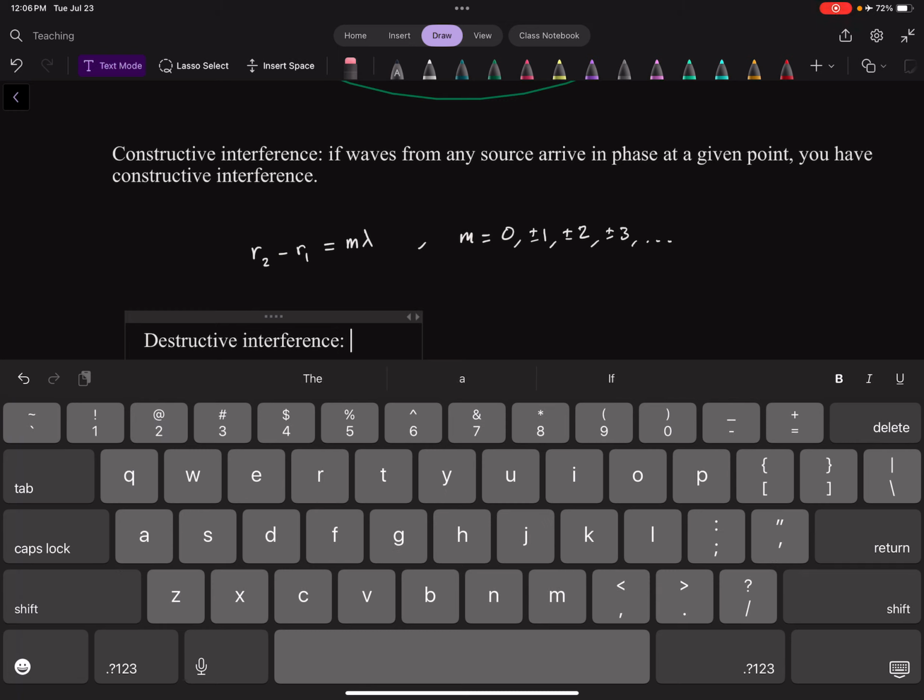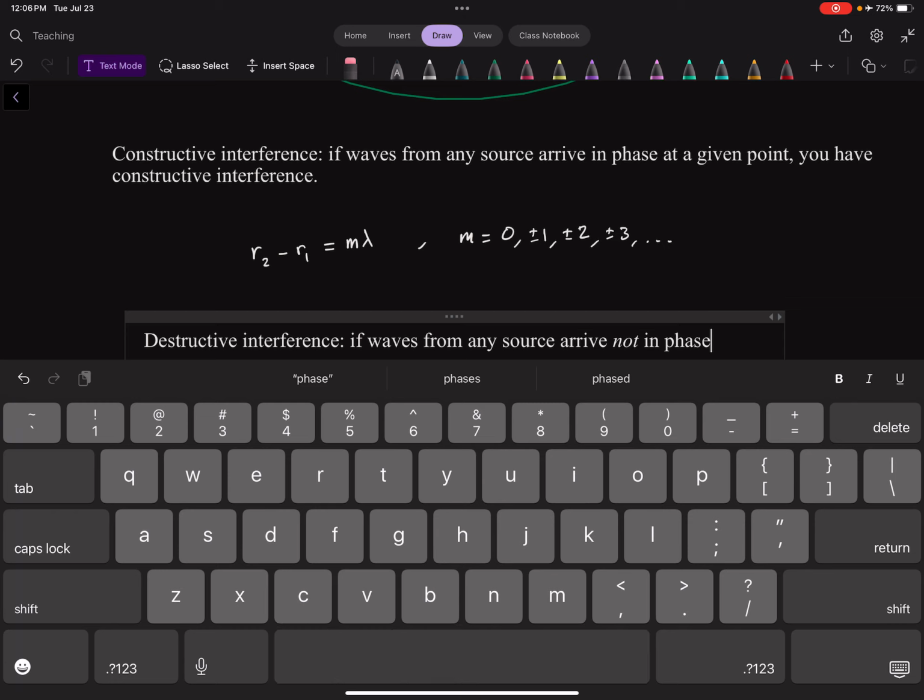Yeah, so if waves from any source arrive, I'll say not in phase, because it doesn't have to be exactly out of phase for it to be destructive interference. It's just anything that isn't exactly in phase is out of phase, and therefore destructive interference.